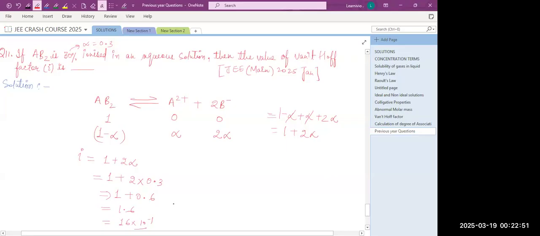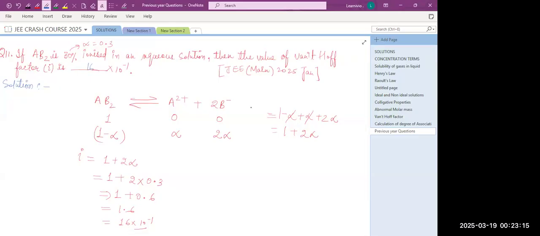So what will be the value? See, 16 into 10 to the power minus 1 is also given as an option. The value of the van't Hoff factor is 16 into 10 to the power minus 1.